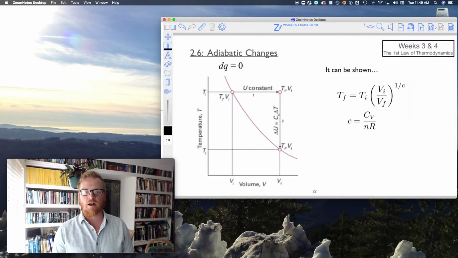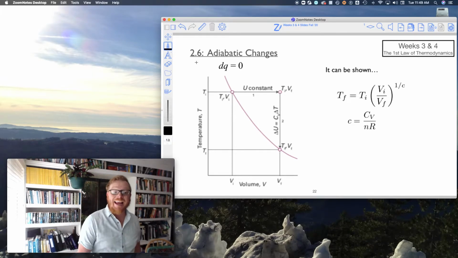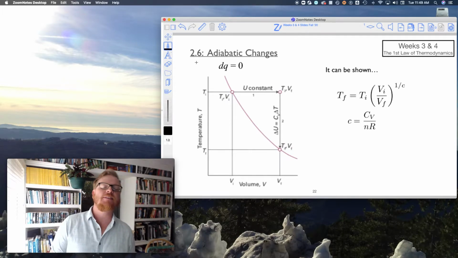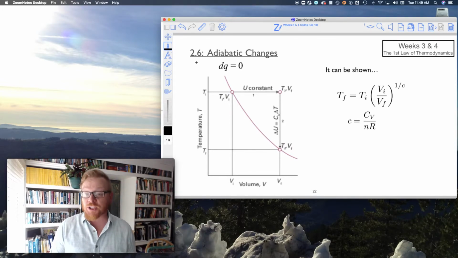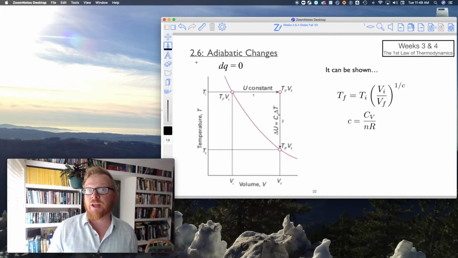Okay, so moving along. Now I'm getting into section 2.6 here in Atkins, which is all about adiabatic changes. Thus far, we've discussed either constant volume processes or constant pressure processes. In the case of constant volume, no work is being done.